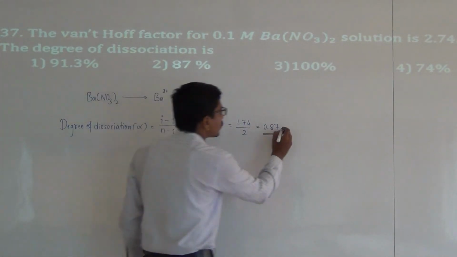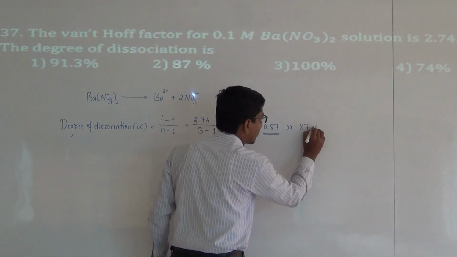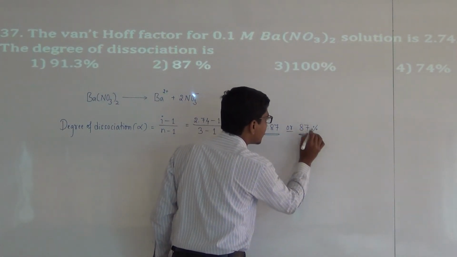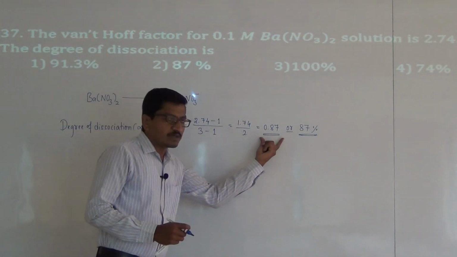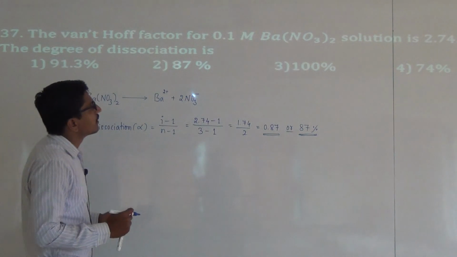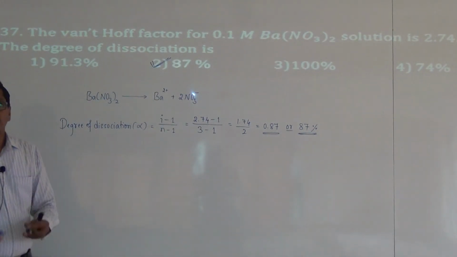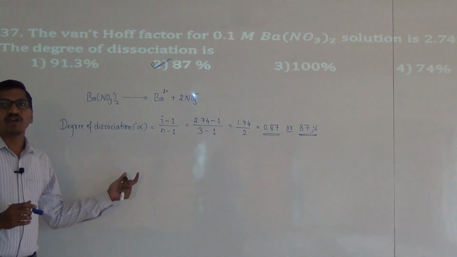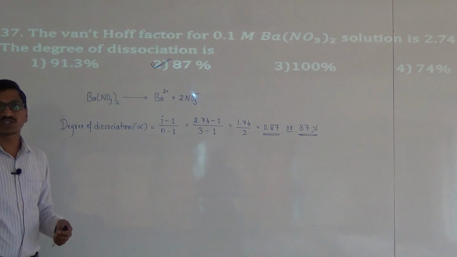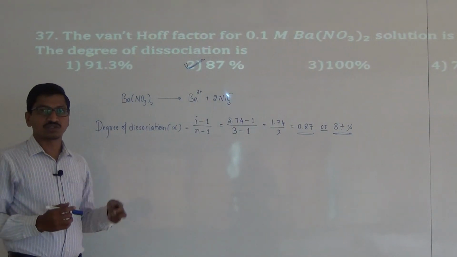Degree of dissociation is 0.87 or 87%. In terms of percentage, 87%, or the degree of dissociation simply 0.87. In these options, the second one is the right one. And this completes the level 1 questions, and in the next class we will discuss level 2 multiple choice questions. Thank you.